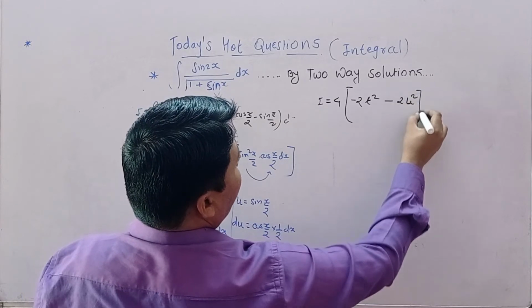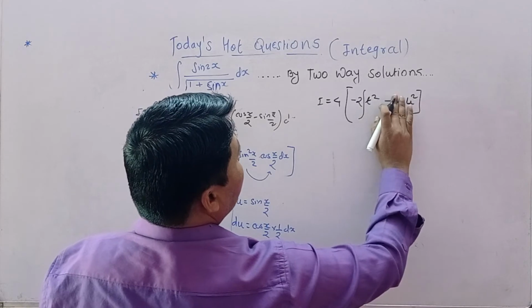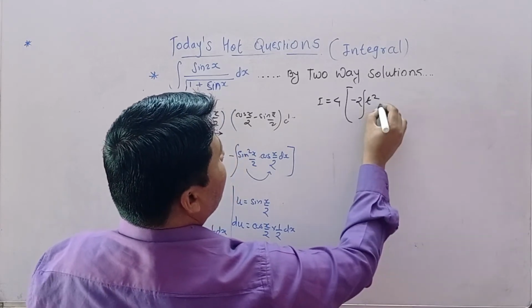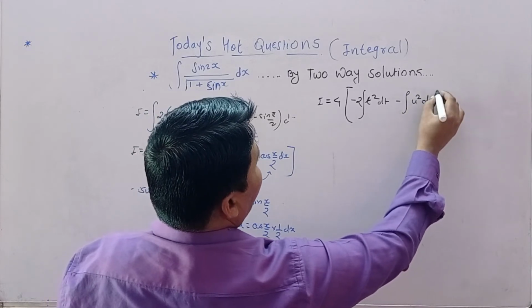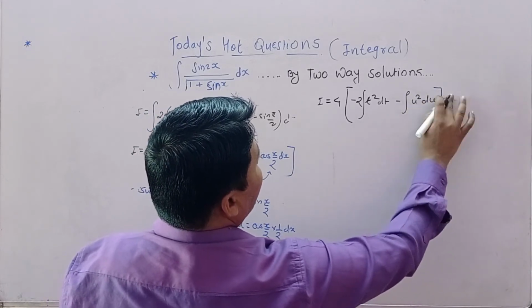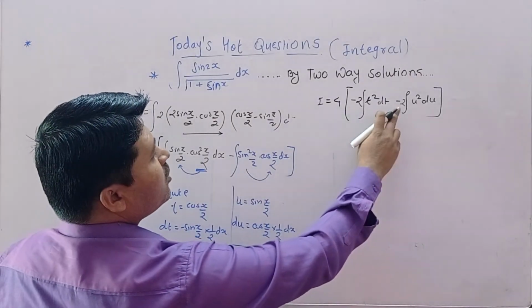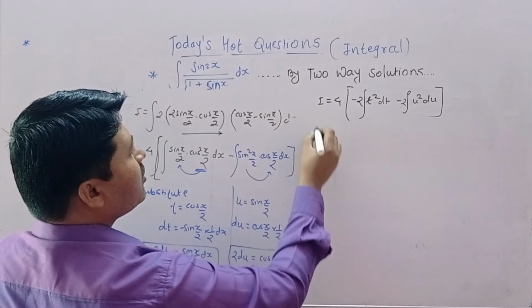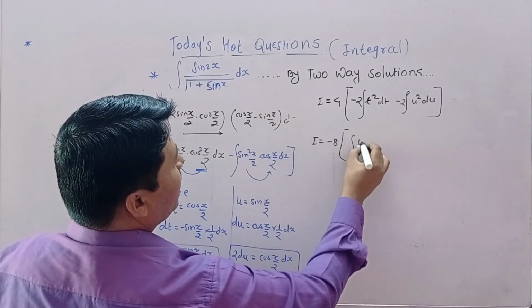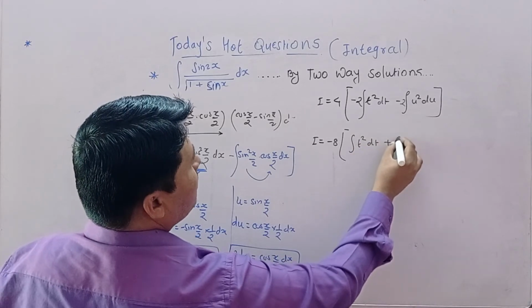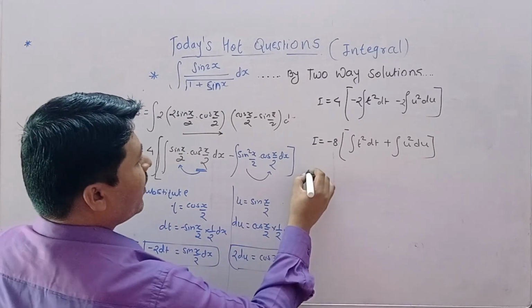Now we observe minus 2 is common, that means I = -8 in bracket integration of t square dt plus integration of u square du.